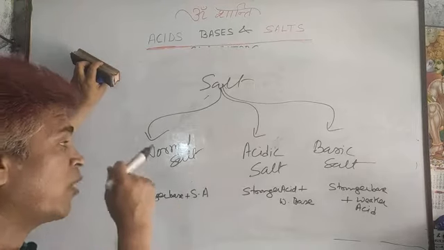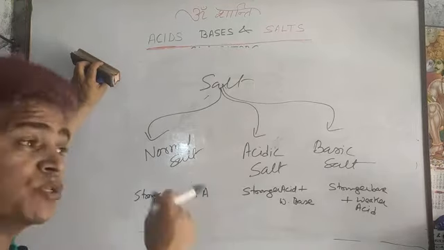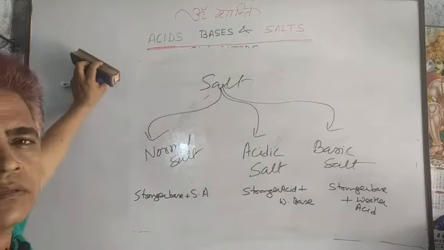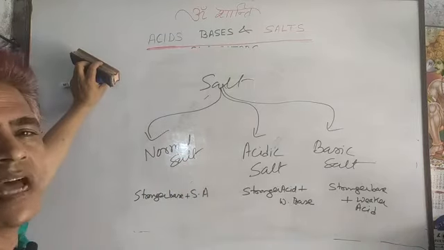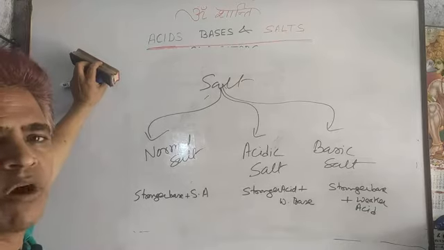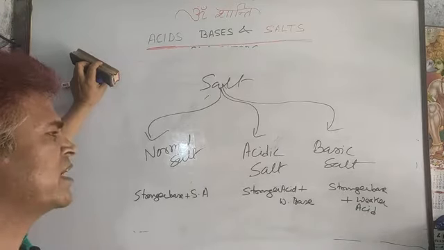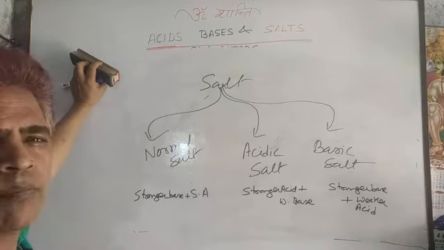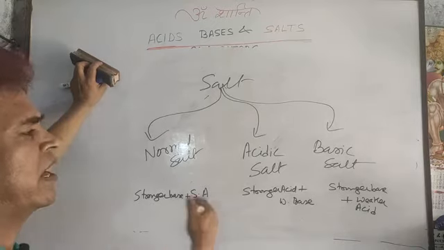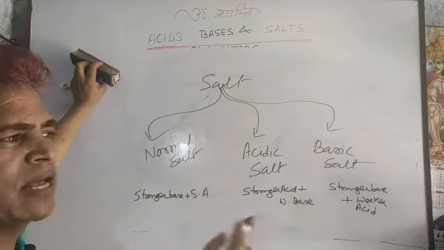Now, with the help of those 6 acids and 6 bases, you can write 36 examples of the salt. So, it is very easy. First of all you recall the examples of acid and base, accordingly you can write. So, only the radical changes.